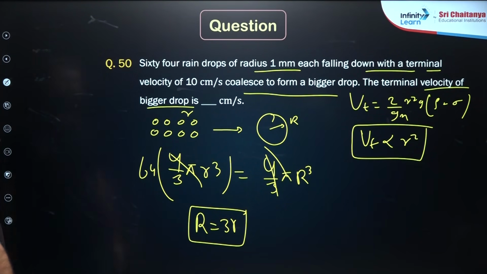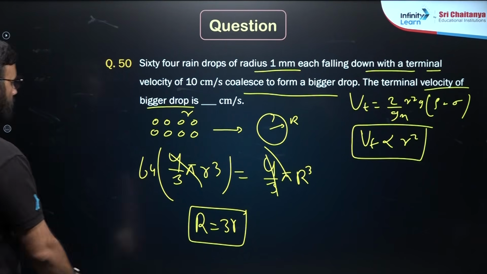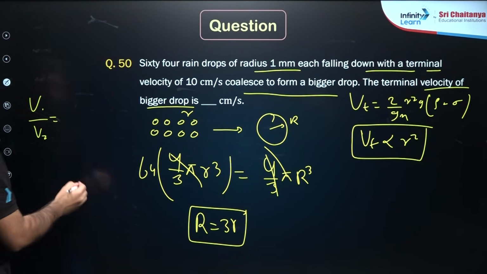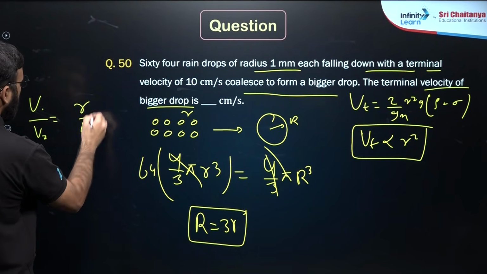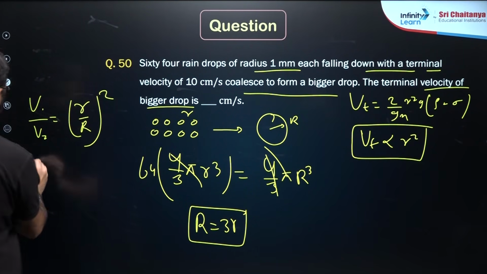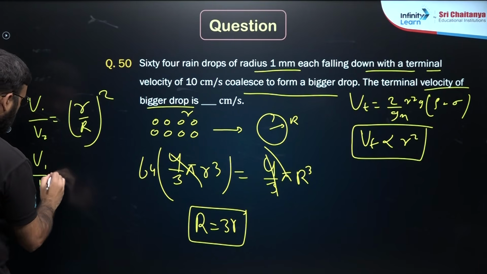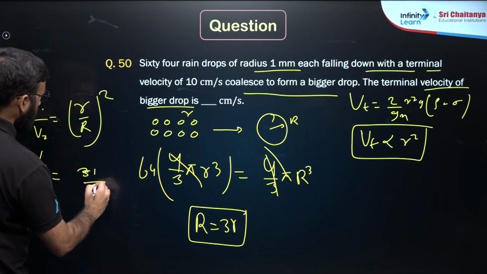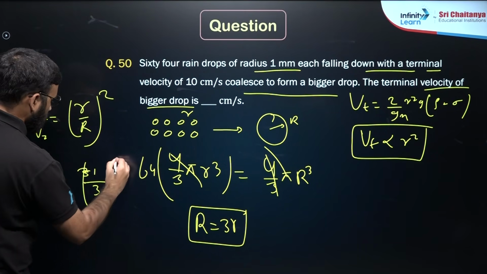Okay, first velocity is given, 10 centimeter per second, so V1 by V2 equals to r upon R whole square. So R equals to, you can put 3r, nine.